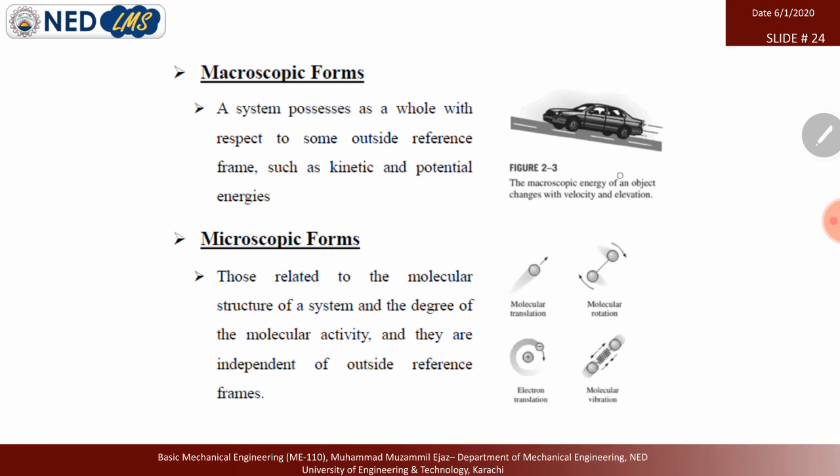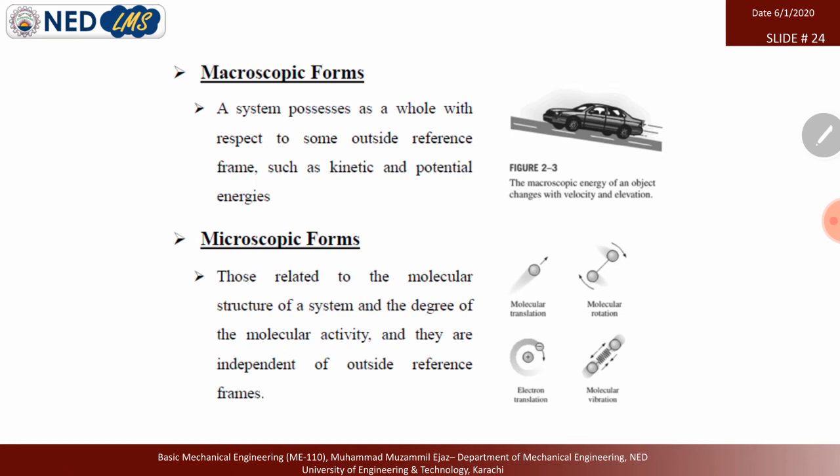And when the car turns off the engine and goes down from that height, the potential energy gained by height converts again into kinetic energy by moving the car. So it is a conversion of kinetic into potential and then potential into kinetic. So these are the macroscopic forms of energy. It is easily visualized in our system.